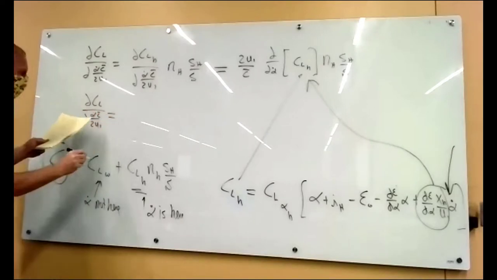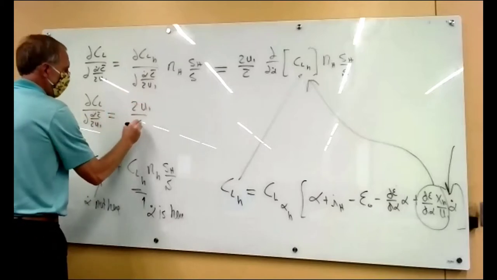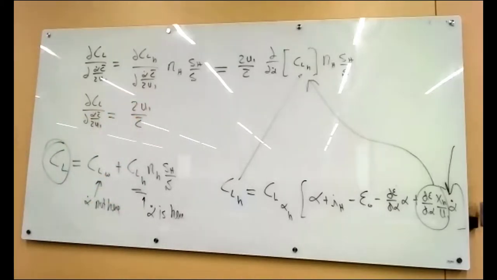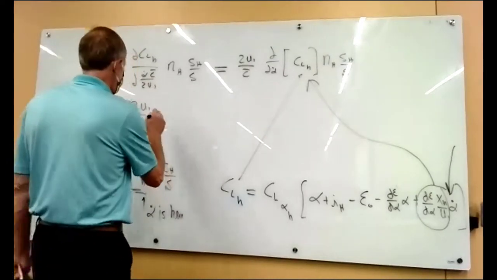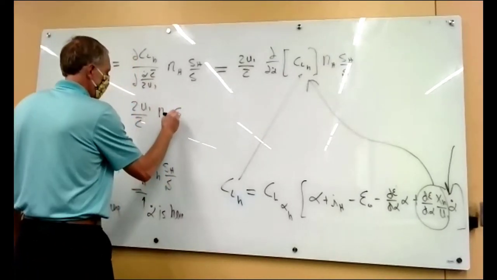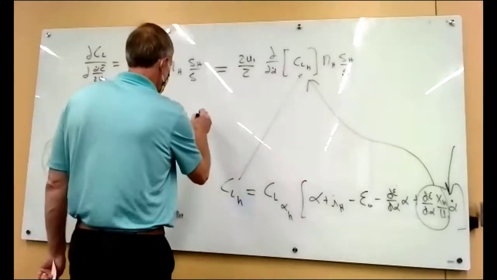So I want to write this out carefully. So we got the 2U1 over c bar that came from the non-dimensional alpha dot, right? It came from the fact that we decided to non-dimensionalize it. And then we got this derivative, so let's throw in the a_H, S_H over S, and then we get all this stuff in here.